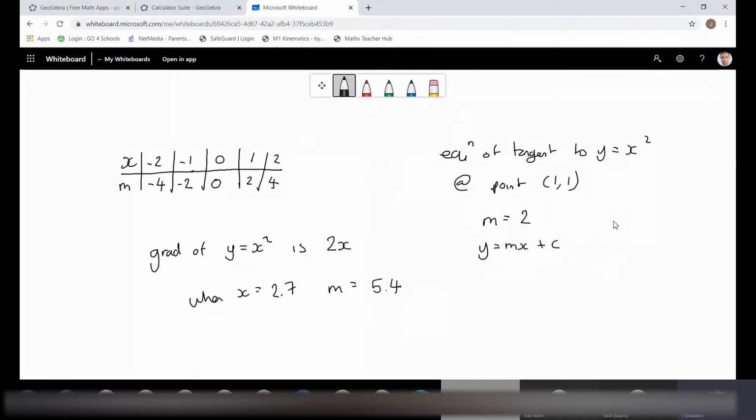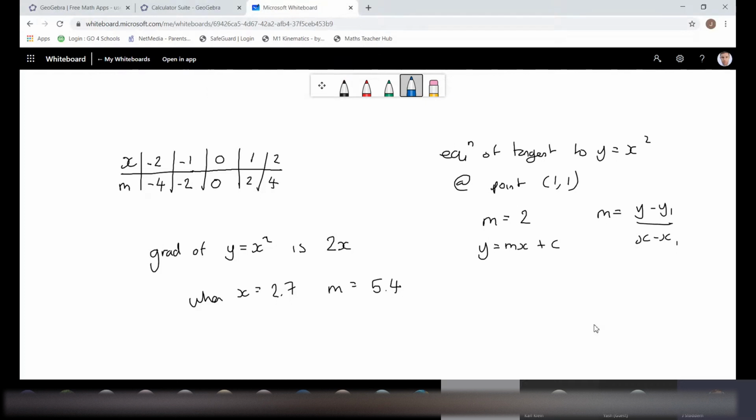or I can use something that some of you will be more familiar with who've done the further maths GCSE, of m equals y minus y1 over x minus x1. Now, if I use this second one, and this is something that you're going to have to get very used to in A-level maths, I can say, well, the gradient of this tangent is 2.